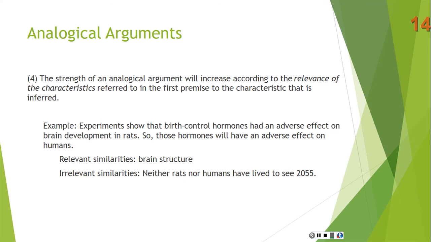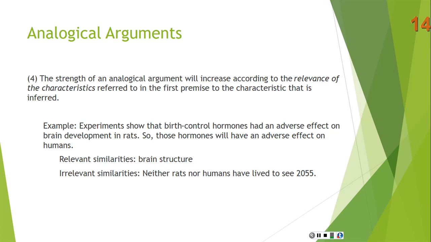So the brain structure of the rats, if you point that out as a similarity and conclude that, therefore, the hormones will have an adverse effect on humans because it had an adverse effect on rats, well, that characteristic that they have in common is relevant to the conclusion.